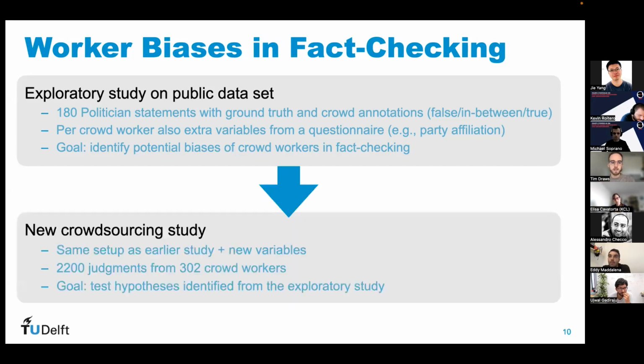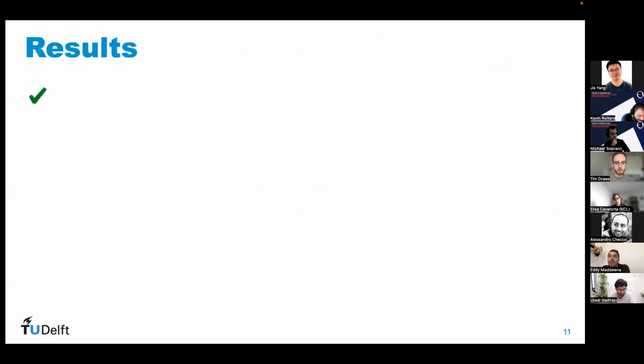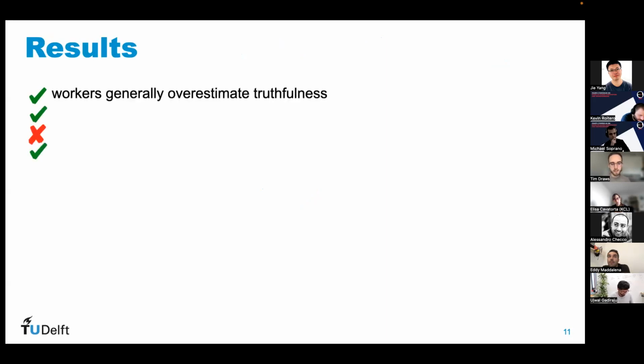So what we did is we tested these hypotheses in a new crowdsourcing study that had a very similar setup to how this public data set was collected. And what we found was the following. We did find an availability bias. Workers generally overestimated the truthfulness of politician statements.